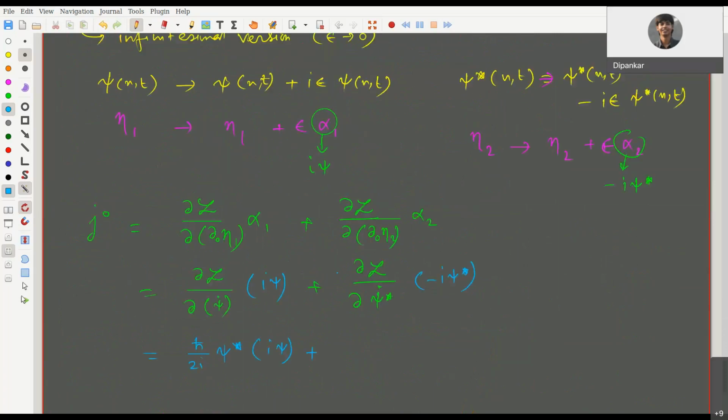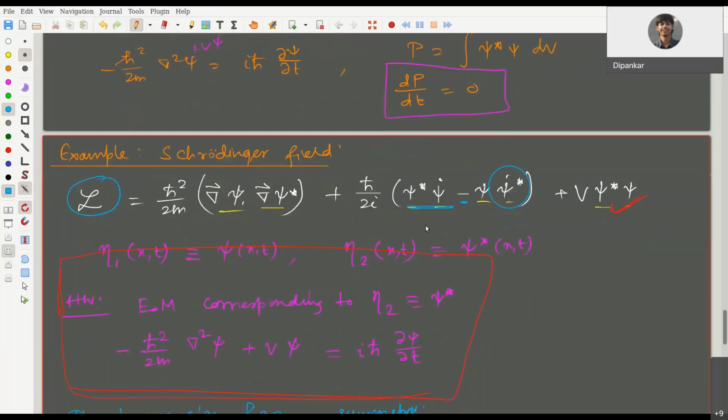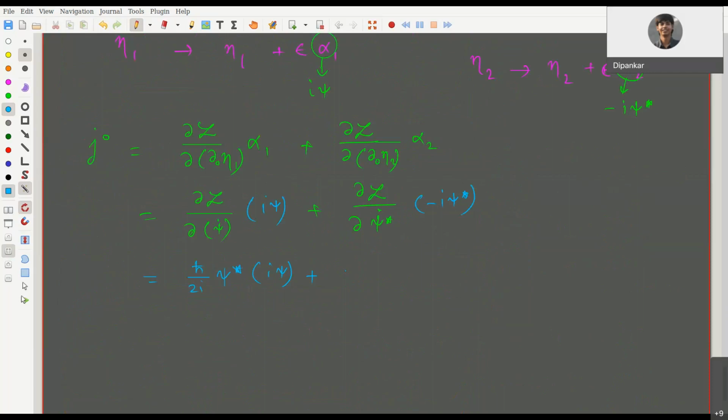Plus del L over del psi star dot, which is just minus, this minus sign is here, minus h cross over i times psi, times minus i psi star.